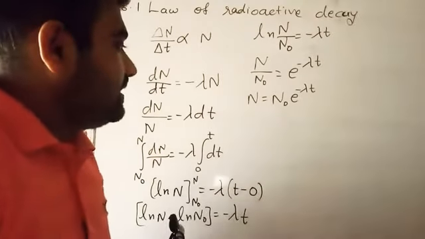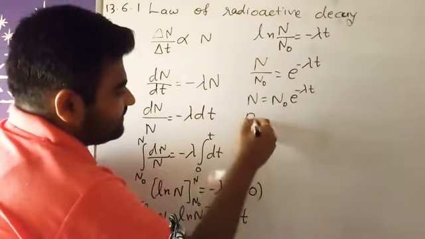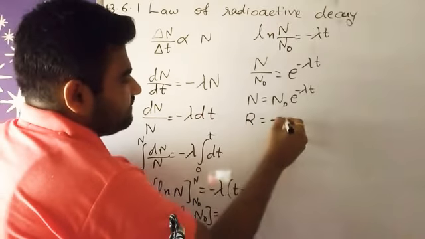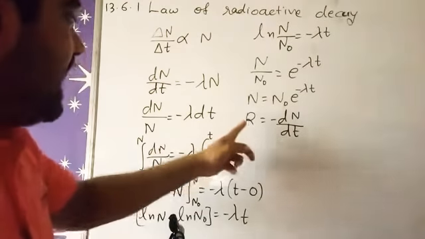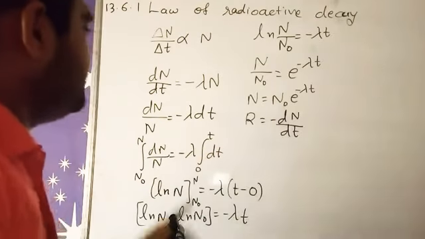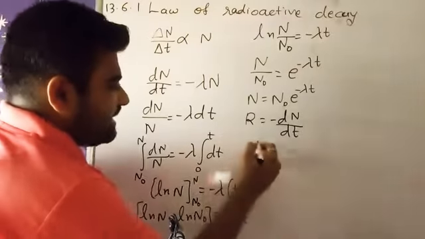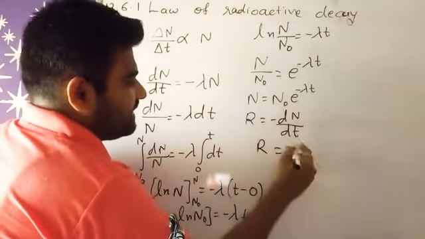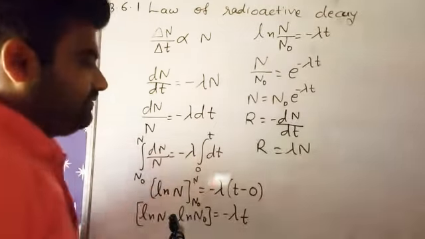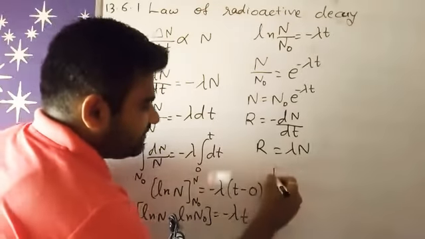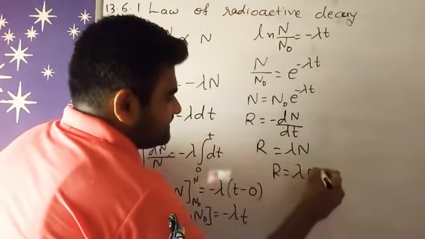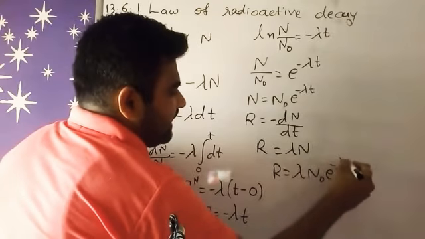Now we come to another equation, R is equal to minus dN by dt. So R is equal to, putting in the formula here, lambda N. Now put the N equation here, what happens? R is equal to lambda N0 e raised to minus lambda t.